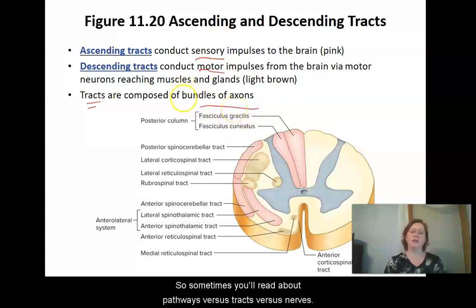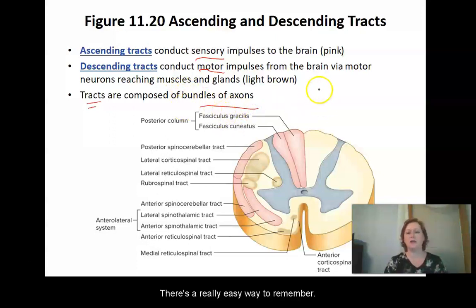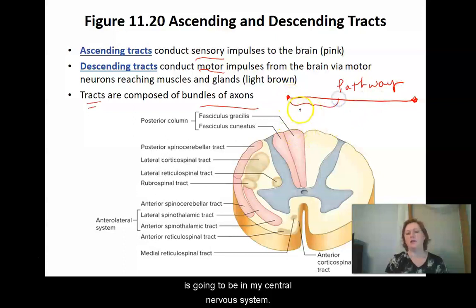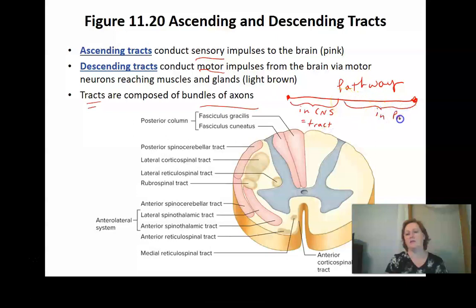So sometimes you'll read about pathways versus tracts versus nerves. Here's a really easy way to remember it. If I'm going from point A to point B, that's a pathway. Part of that pathway is going to be in my central nervous system, so that will be a tract. Part of it will be in the peripheral nervous system, so that's going to be a nerve.